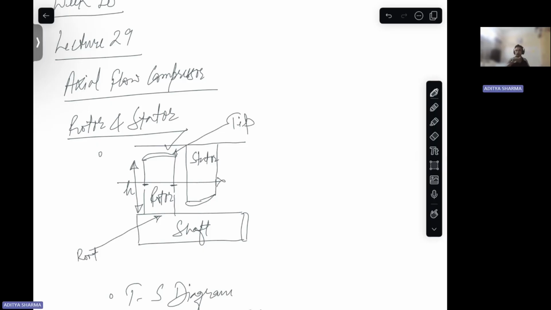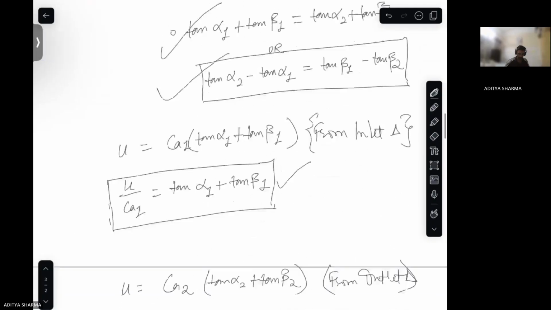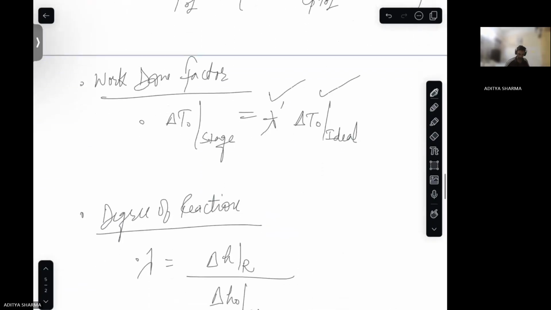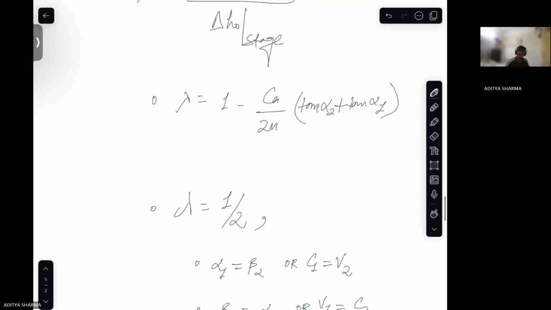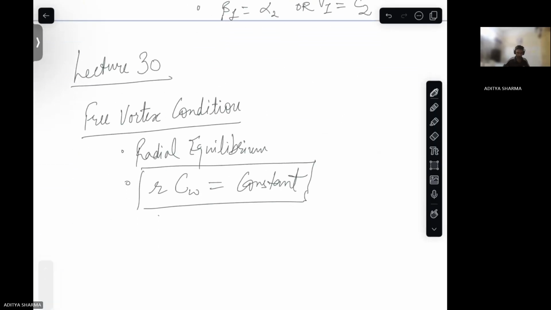The one connected to your hub of shaft is your root. So as you increase the radius, which means you're moving from your root towards tip, your R will increase.